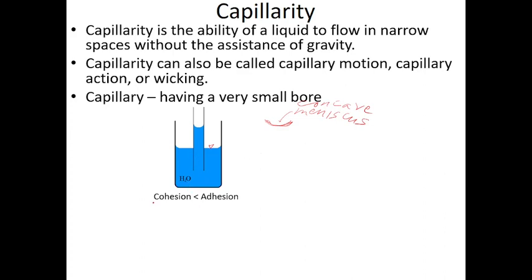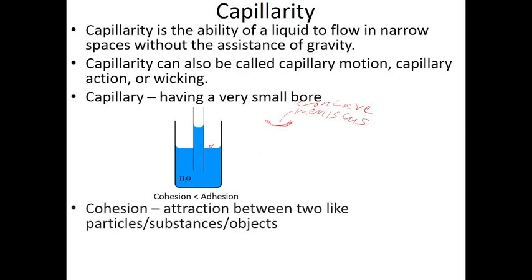So we have what we call cohesion. Cohesion is the attraction between two like particles, substances, or objects. Molecules of water attract each other. However, there's another object, a capillary tube.